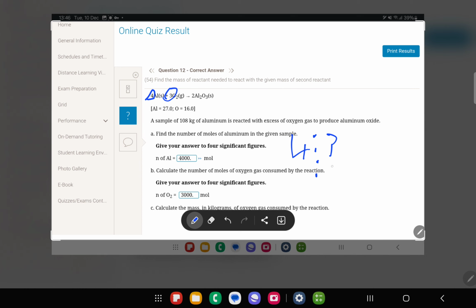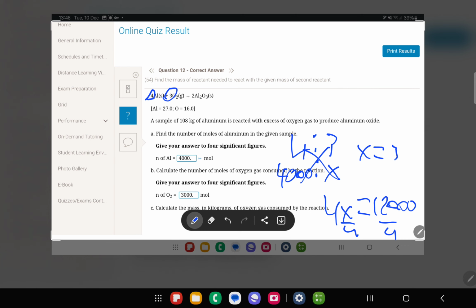We're trying to find the moles of oxygen, so we put X under it, and under 4 we put 4K, which we already found in the first part. Cross multiply, we have 4x equals 12,000, divided by 4, x equals 3,000. And same thing, they wanted 4 significant figures, so we just add a dot at the end.